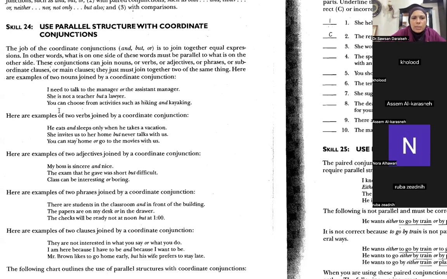You can choose, look at this sentence: you can choose from activities such as hiking and kayaking, okay? Again, nouns, but in the ing form. So hiking, you know what hiking means, right? Climbing, walking. It could be in the woods, in the forest, on deserts, on plains, in different places, all over different kinds of land.